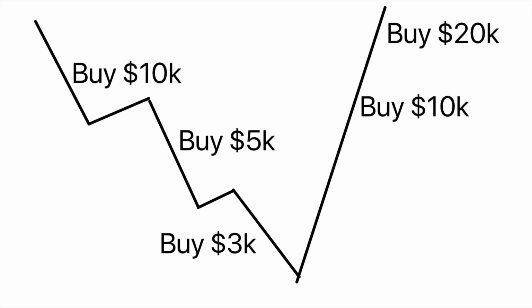The price is $7, I buy 3,000 worth. Now the price goes up to $9, well, I buy $10,000. The price goes up to $11, well, I buy $20,000. So in other words, as the market is decreasing and the momentum, if you like, is less and less, you buy less and less. As the price is increasing and the momentum of this price is increasing, you buy more and more until your full 100,000 has been invested.